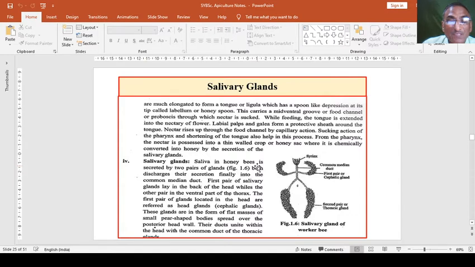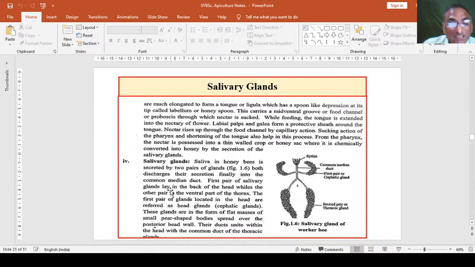Saliva in honeybees is secreted by two pairs of glands. We have seen in this diagram or figure. Both discharge their secretion finally into the common median duct, which is located at the center.